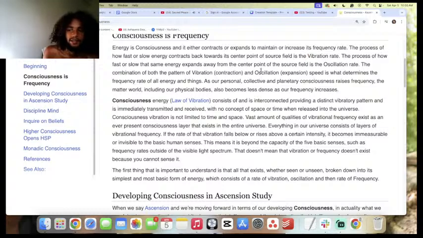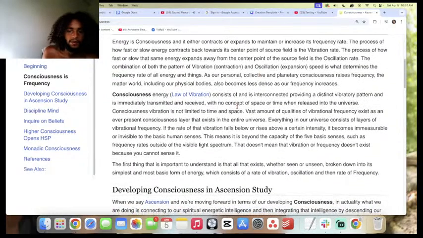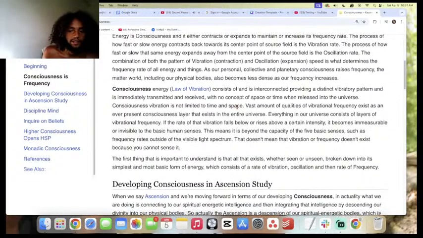The process of how fast or slow it expands, right, is talking about the oscillation rate, and these two combined make up what frequency is. And all things in existence, right, have a frequency rate. That's what they're saying.